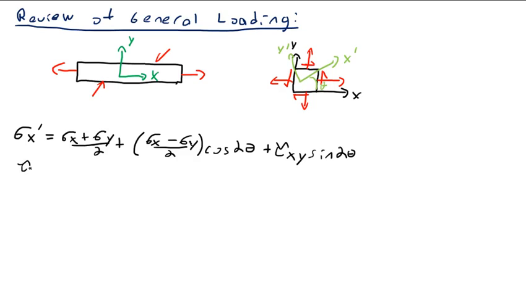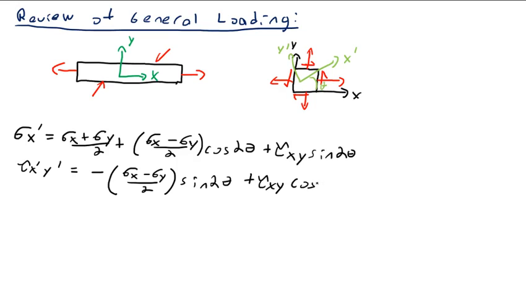And tau x prime y prime then is going to be negative sigma x minus sigma y over 2 times the sine of 2 theta plus tau xy times the cosine of 2 theta.